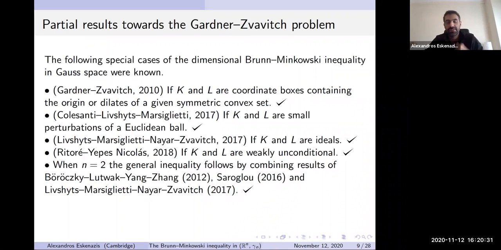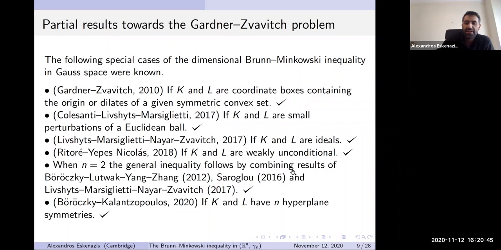And there's a different direction, which is for n equals 2. For the plane, the inequality is known by combining results of Böröczky, Lutwak, Yang, Zhang, and Livshyts, Moschidis, Gardner and Zvavitch. And finally, there was a theorem earlier this year by Böröczky and Kalantzopoulos, who proved it if K and L have n hyperplane symmetries.